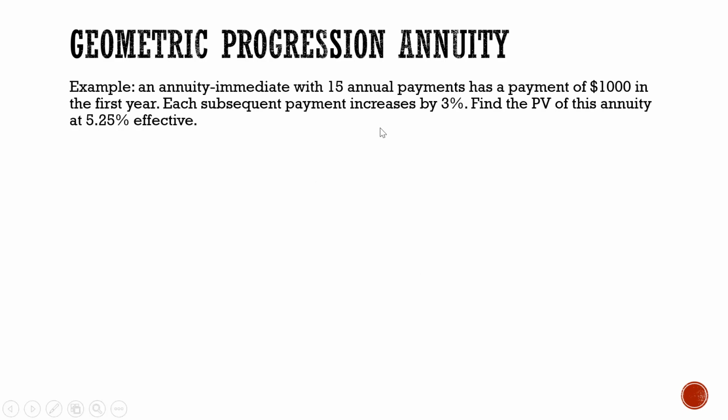So that means the first payment is 1,000. The second payment is 1,000 times 1.03. The next payment is 1,000 times 1.03 squared. So now we have present value 1,000 v plus 1,000(1.03) v squared plus, dot dot, to 1,000(1.03)^14 v^15, where v is 1 over 1.0525.